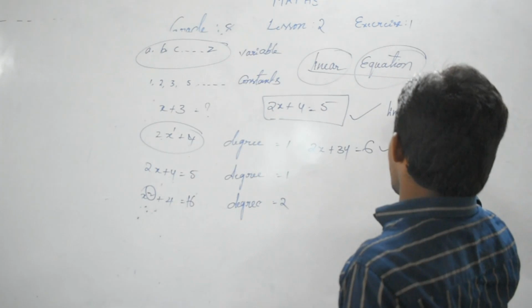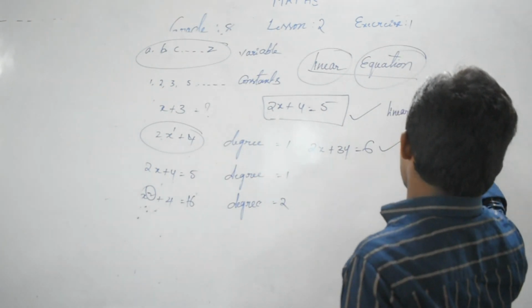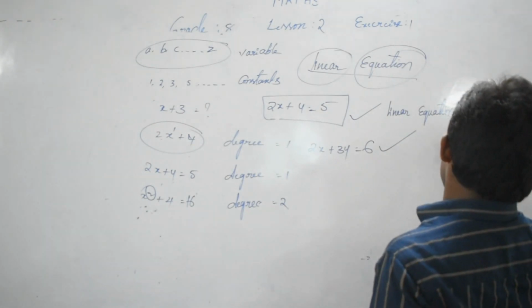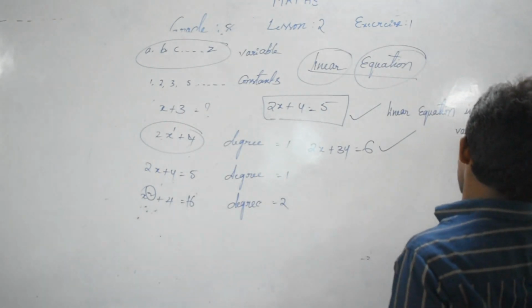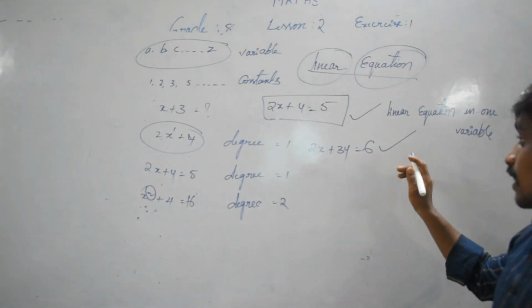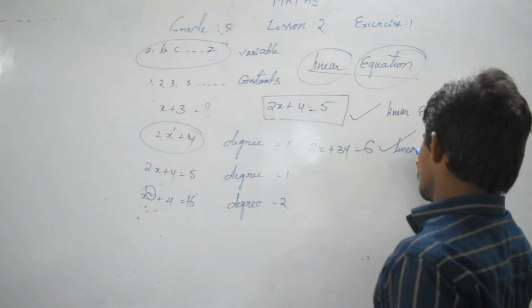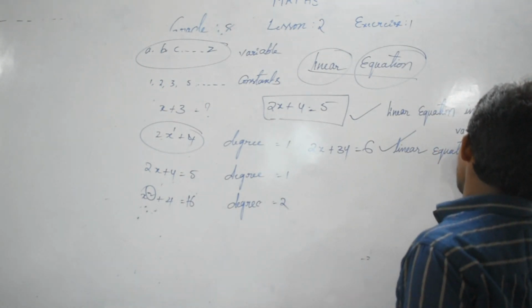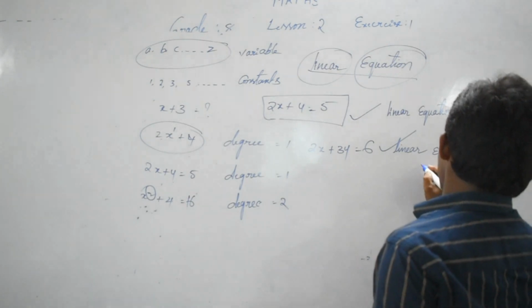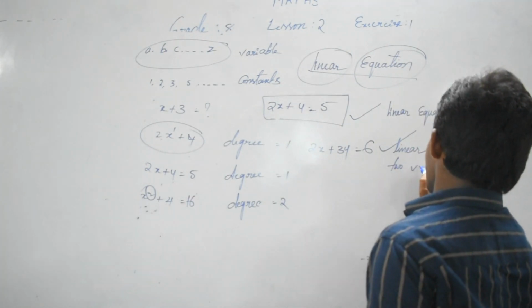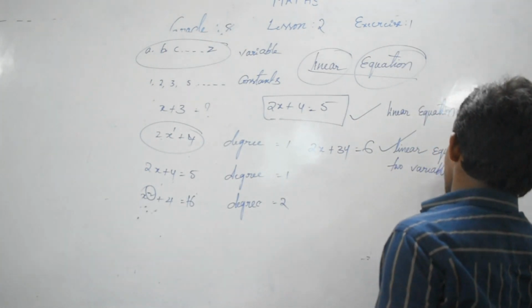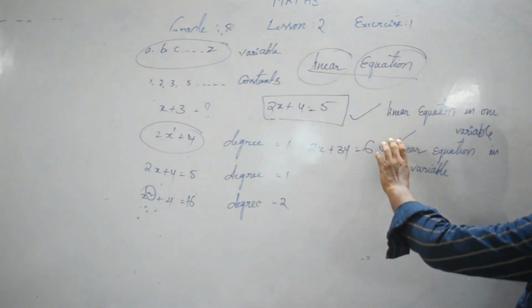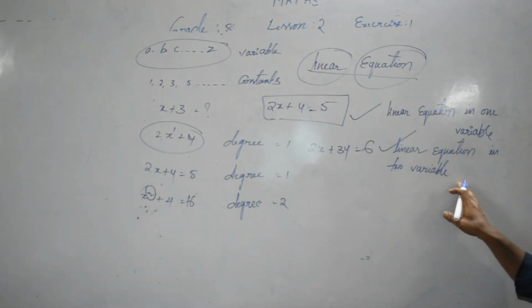Linear equation in one variable. Now clear? So here, a linear equation in one variable, and this other one is a linear equation in two variables.